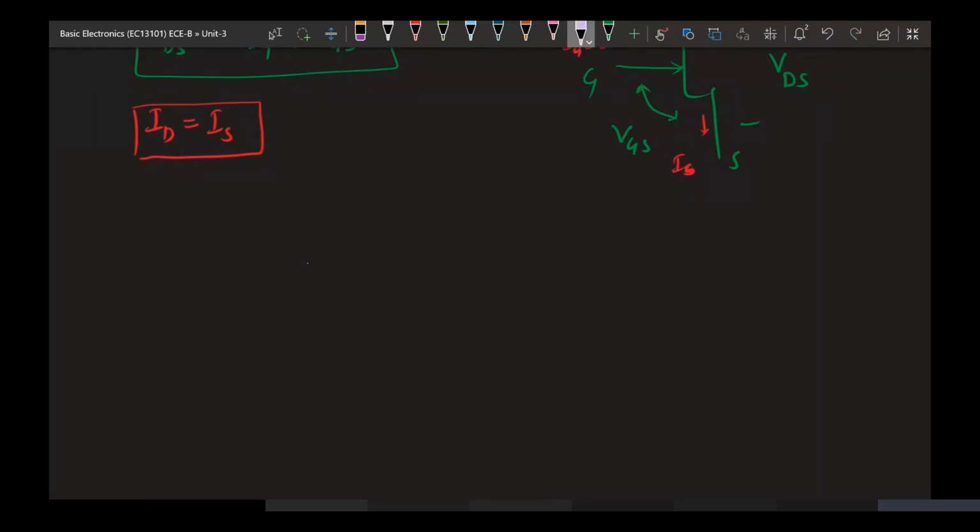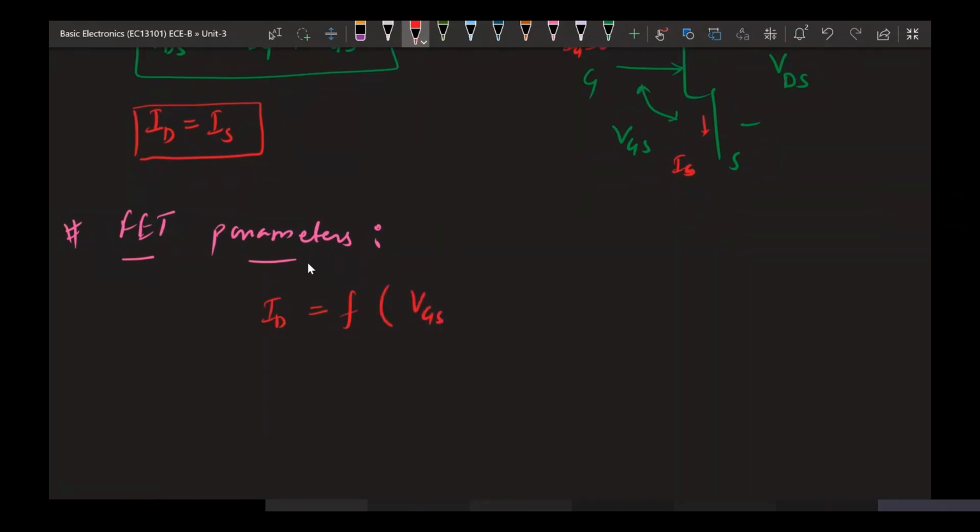We will see some of the FET parameters. Our ID is going to be a function of VGS, because VGS is used as the control voltage, and ID is also defined by VDS.